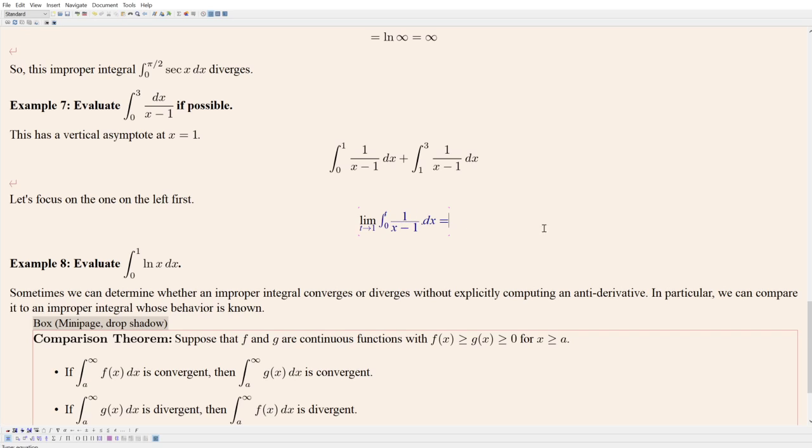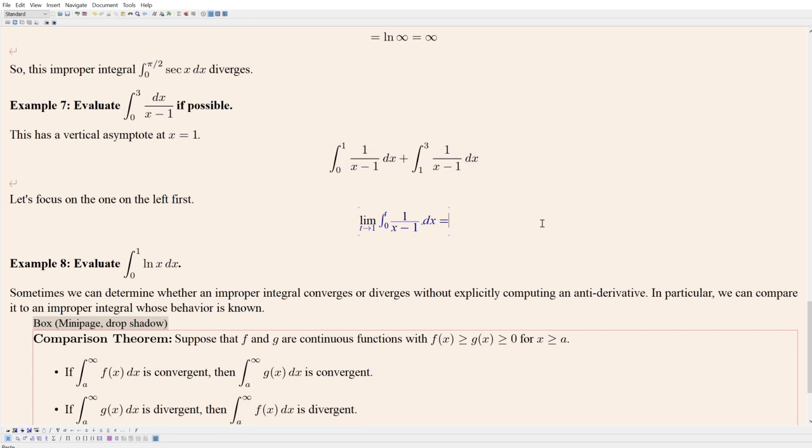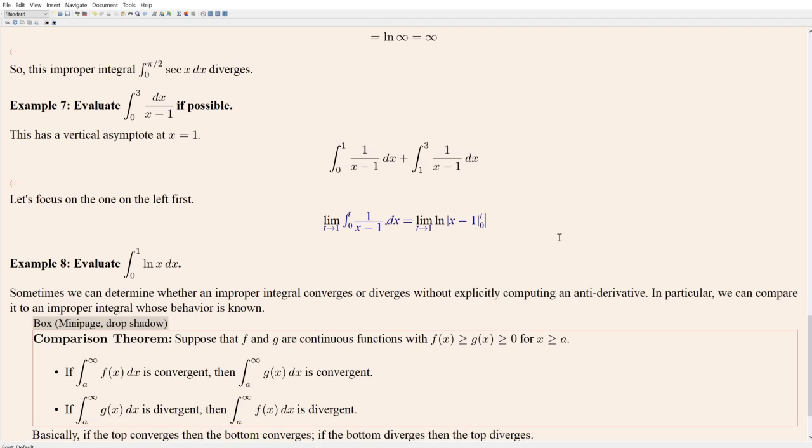Anyway, antiderivative of this thing is just natural log. No! Sorry. Clipboard. Natural log of |x minus 1|, evaluated between 0 and t.